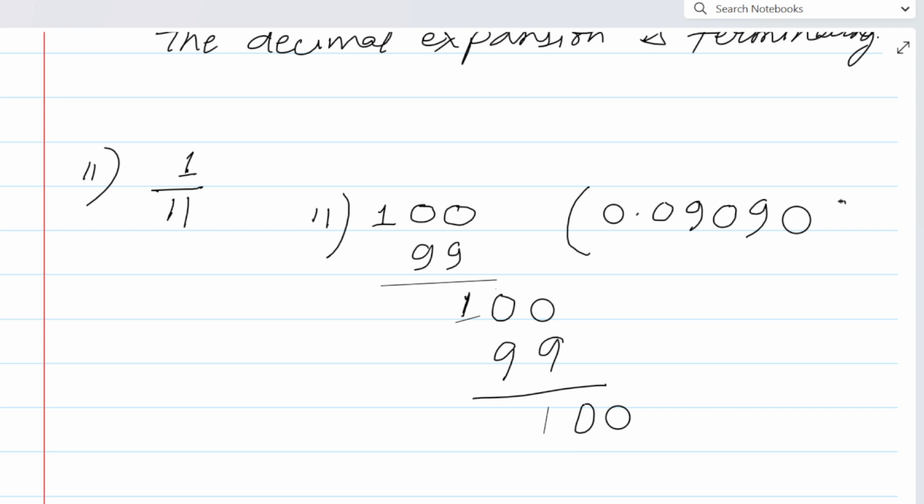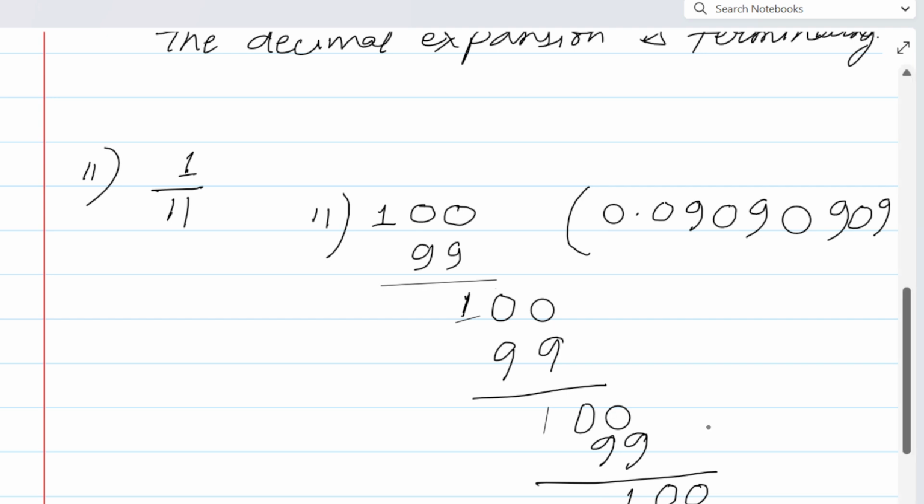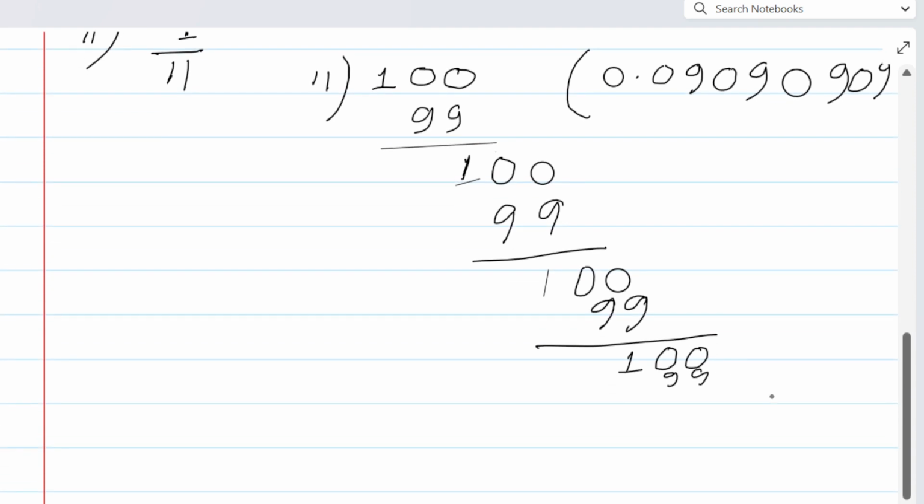Again 9 times, 99. Again repeat. Okay, 2 zeros. I'll take here 0. Again 9 times, 9 11s are 99. So like this it will keep on repeating.